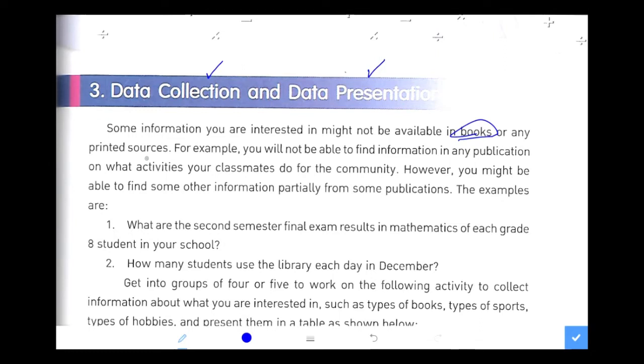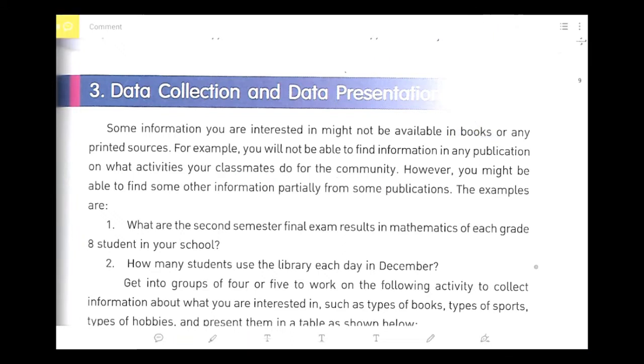You will not be able to find information in any publications on what activities your classmates do for the community. That thing is private. It's what your friends do at home, so it's not going to be on the internet, it's not going to be on TV, whatever.